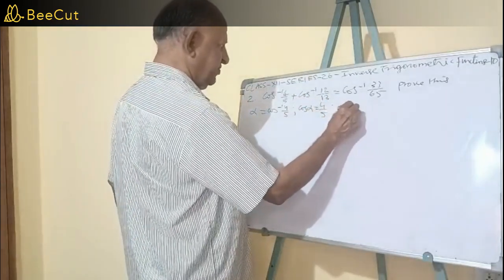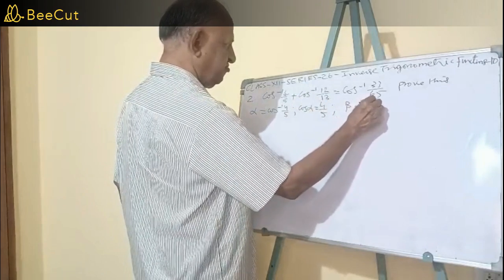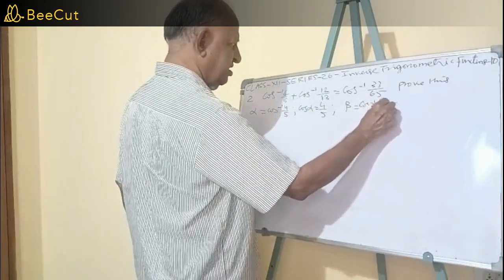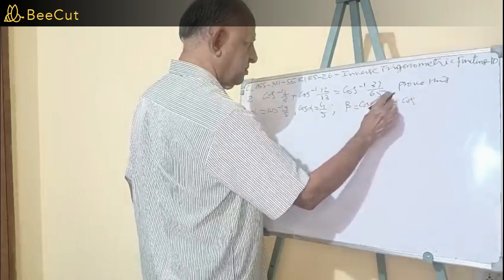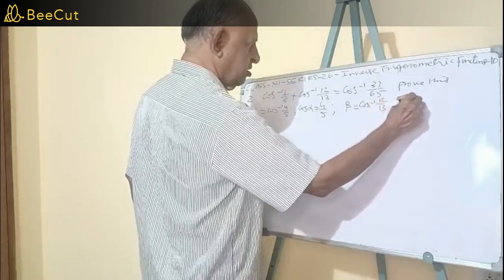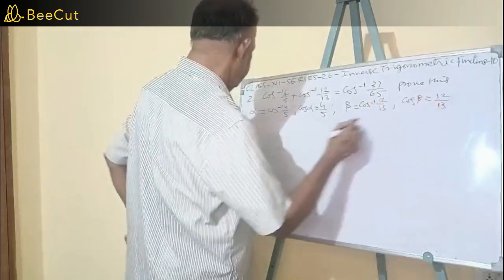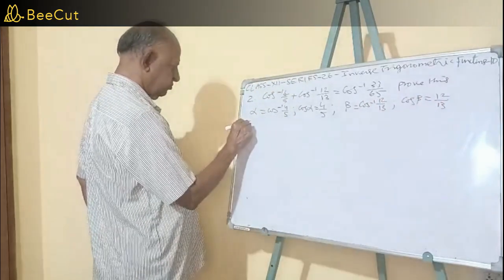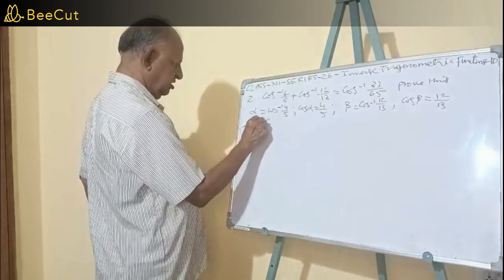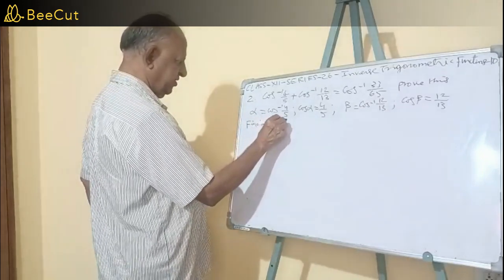Beta is equal to cos inverse of 12 by 13, that is, cos beta is equal to 12 by 13. Find sin alpha and sin beta.